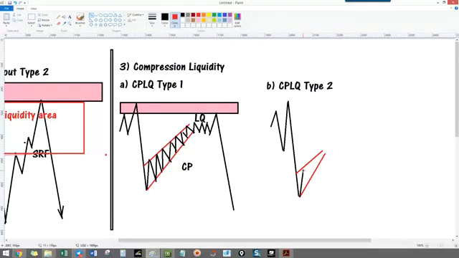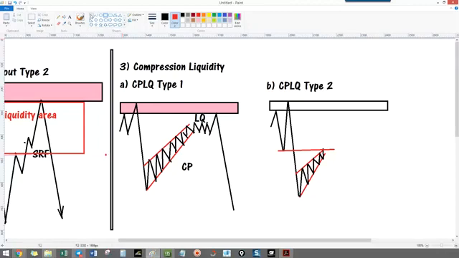Okay, 1, 2, 3, 4, 5, 6, 7, 8. And then you have your type 2 here. Over here is your supply zone.